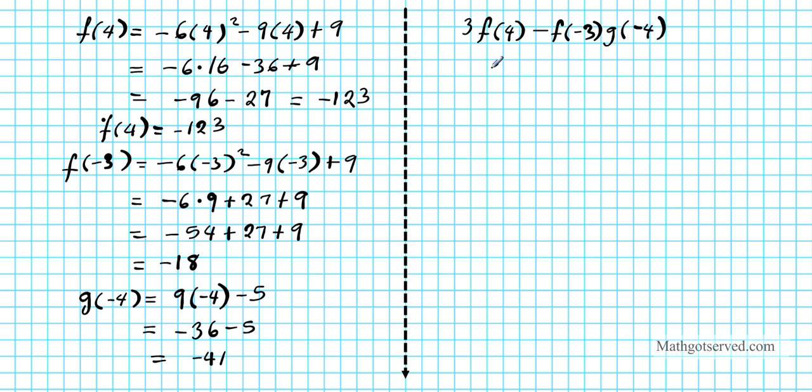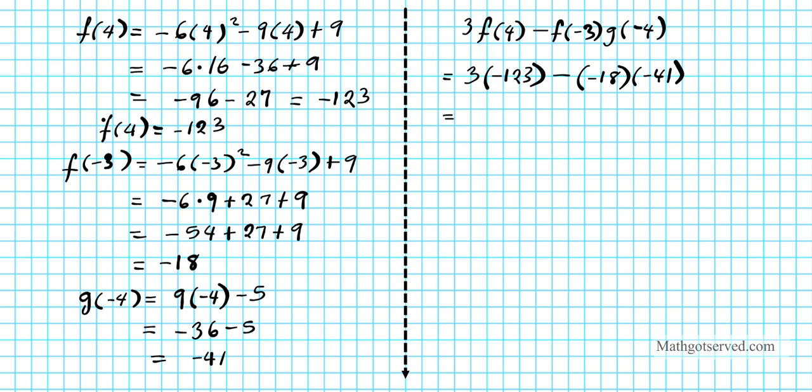All right, so we're going to triple f of 4, which is negative 123, and then we're going to subtract the product of these two, which is negative 18 times negative 41.